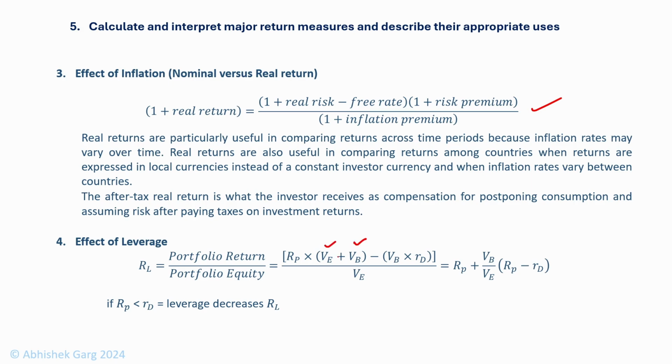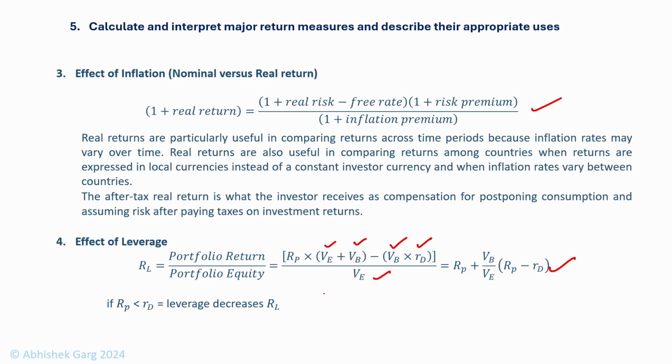So you earned rate of return RP on VE plus VB, and then you need to deduct the borrowing cost of borrowing VB funds. So this is VB, the borrowed funds, times the rate of borrowing. You deduct that and then divide by the portfolio equity. So this is your rate of return for the leveraged portfolio.